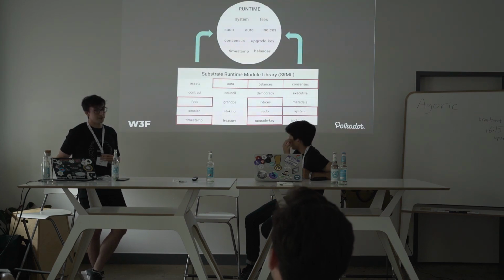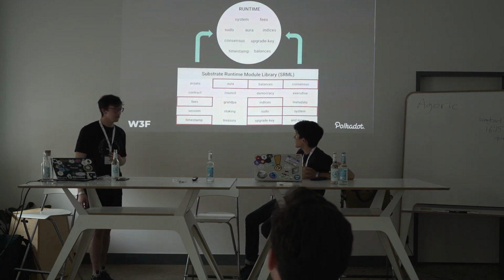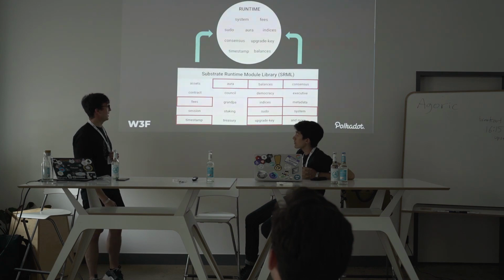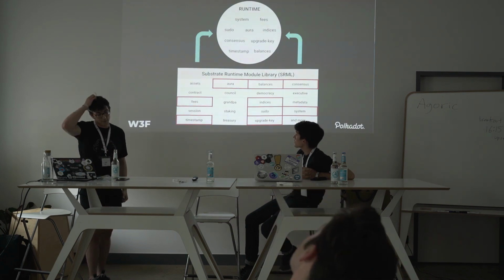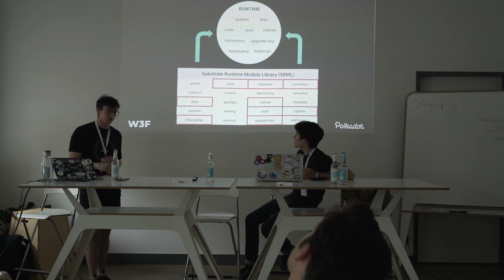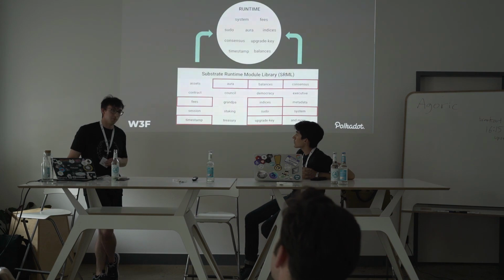So Substrate comes with a library of runtime modules called the Substrate Runtime Module Library, or the SRML. And so these are like the pre-built, packaged modules that contain a lot of the more basic logic that you would need for creating a blockchain.